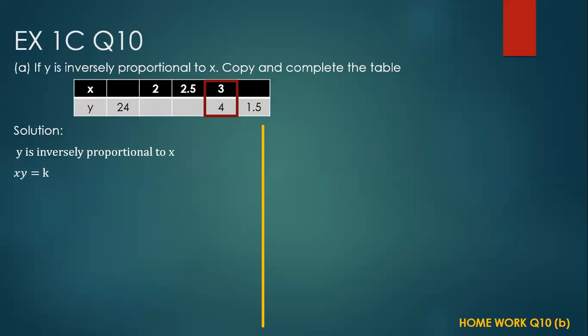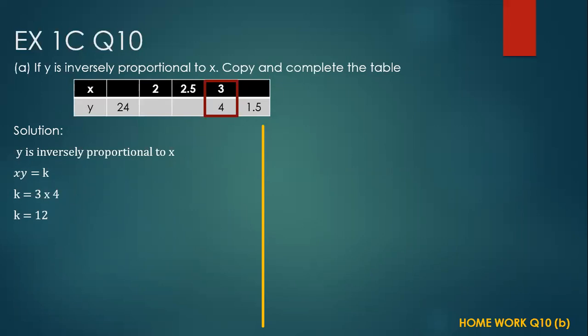And so we need to find these empty blanks here, boxes. So we need to make two connecting equations, one for x and one for y. Anyways, we are going to replace the value of x from here, which is 3, and y, which is 4. So k will be 12.